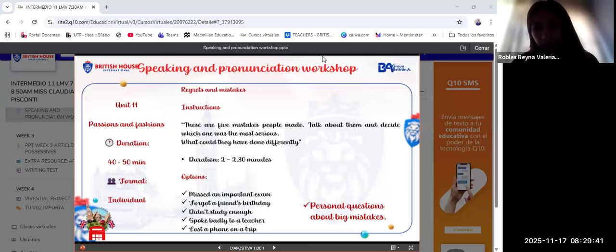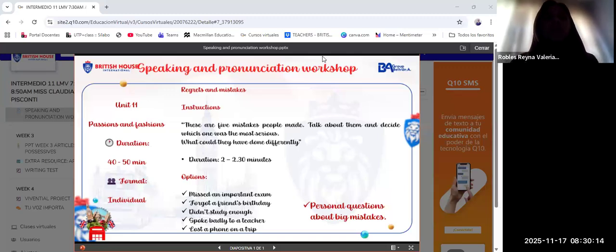Another mistake is losing a phone during a trip. Trips can be stressful. People don't always pay attention to their things.